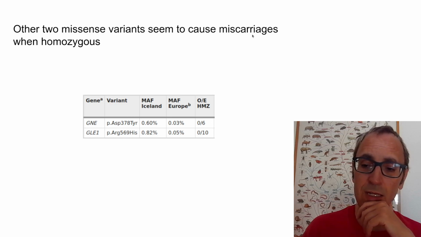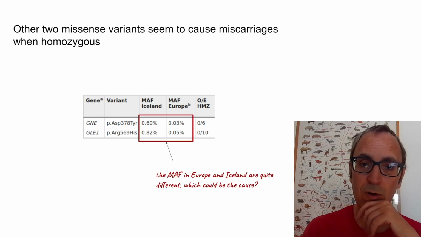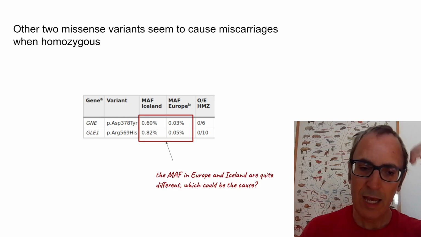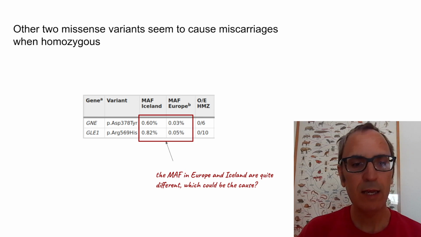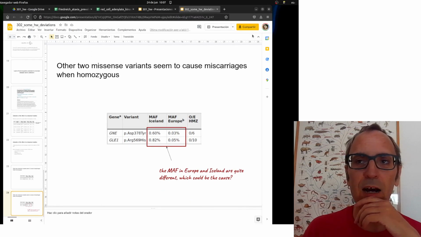So a very serious problem because the individual is not even born. And that's it for the Hardy-Weinberg equilibrium. We will continue next week with genetic drift.